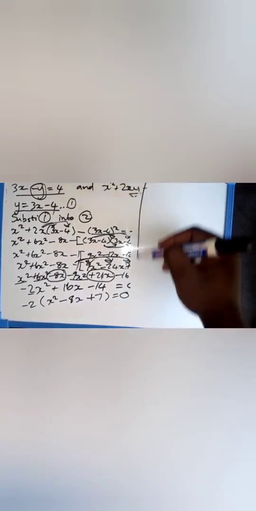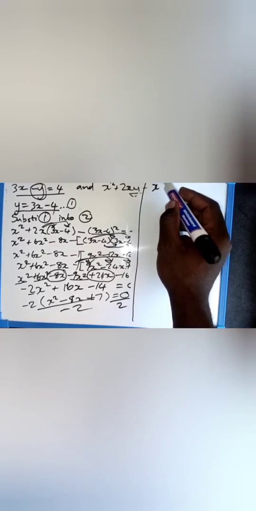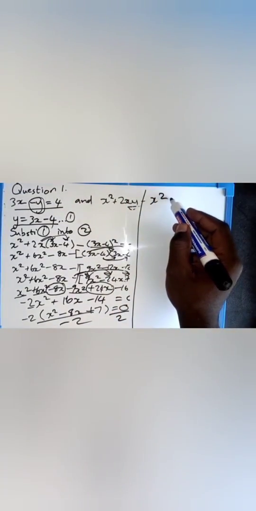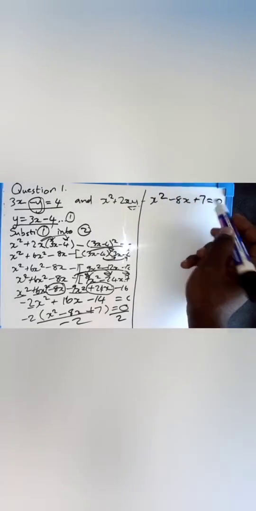So basically now I have this here. You can erase this here, then continue on this side. I'll divide both sides by negative 2, then I'll be left with x squared minus 8x plus 7 is equal to 0. I'll factorize this.